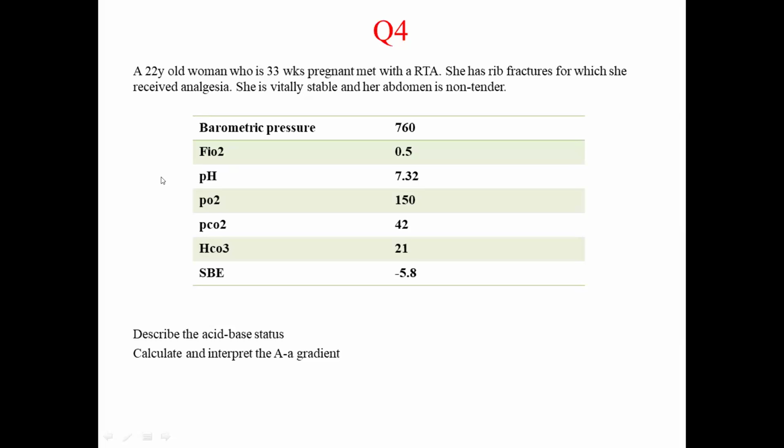Yes. So ideally, this should be metabolic, but that is the thing that in the first slide I mentioned, that history is very, very important. If this was not a pregnant woman, then your answer would be a metabolic component as the primary thing. But since it is a pregnant woman whose PCO2 should ideally be 30 to 35 and it is 42, that is more than 7.